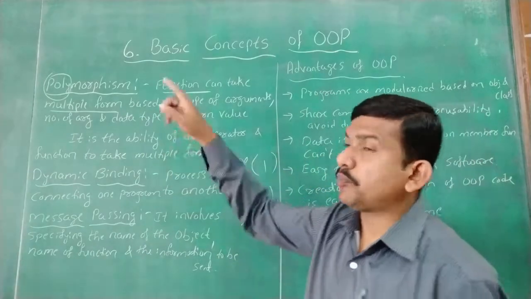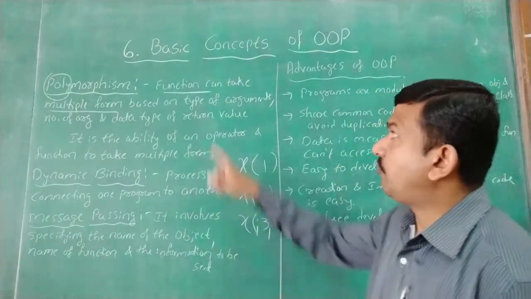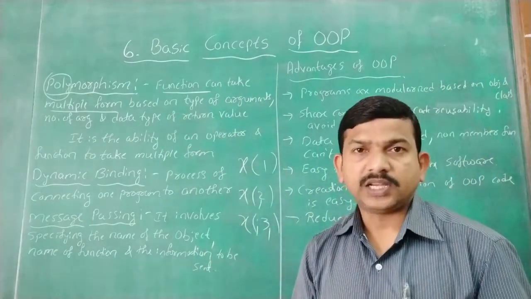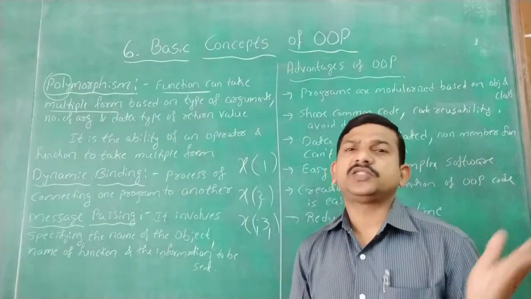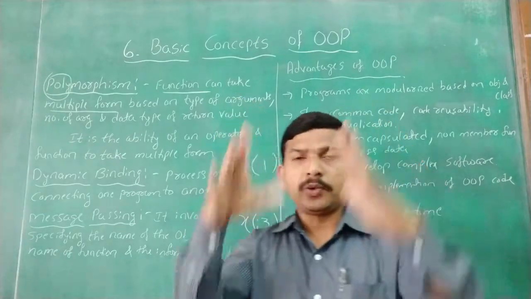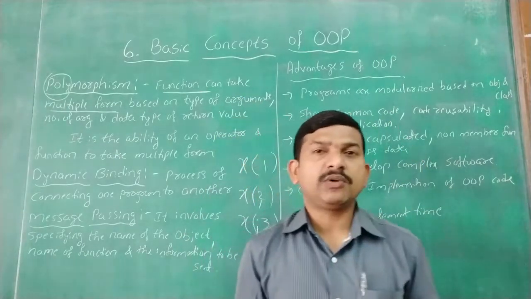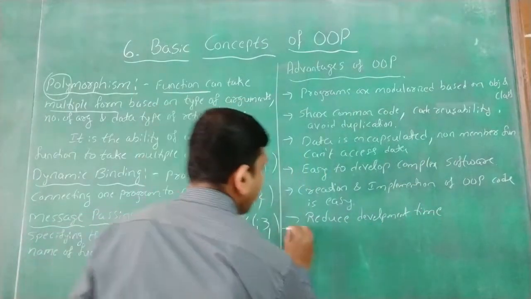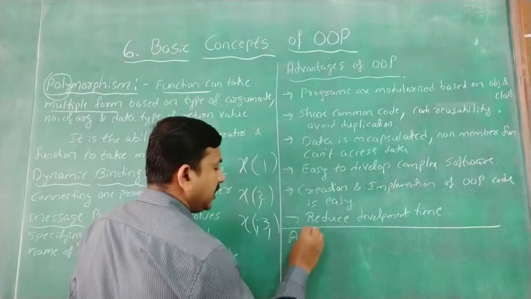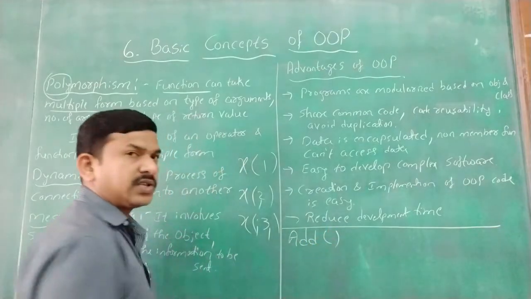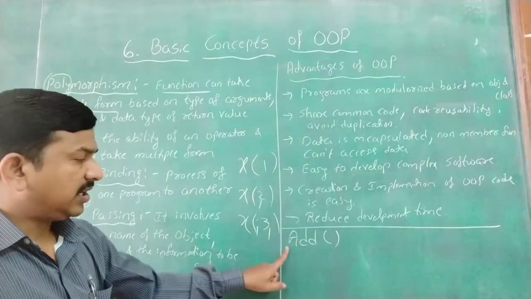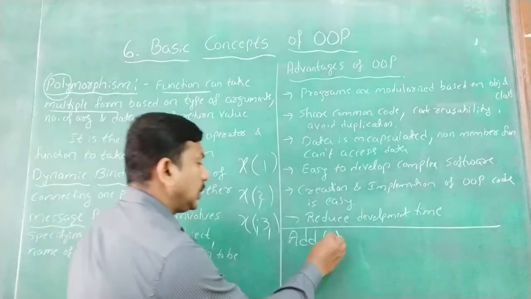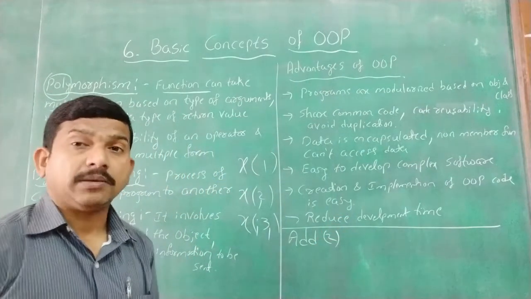So polymorphism means the function can take multiple forms, depending on the situation. For example, in our program, add is one function, A-D-D. For the addition of two numbers, it will take two arguments, number 1 and number 2.